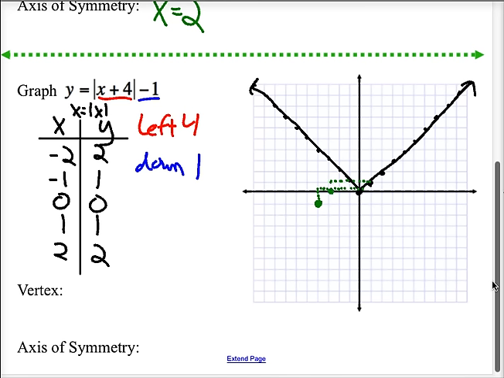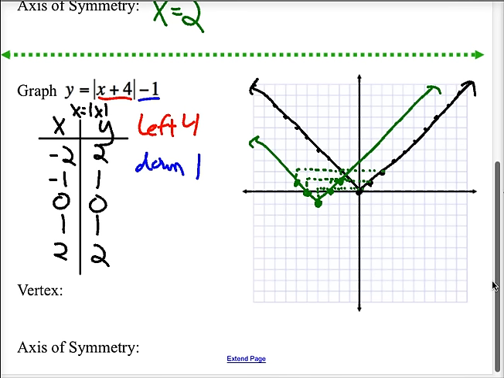Left 4, down 1, left 4, down 1, left 4, down 1. So again, you're just taking those points and shifting each to get your new graph, okay? So the graph you want is the one that's in the green.